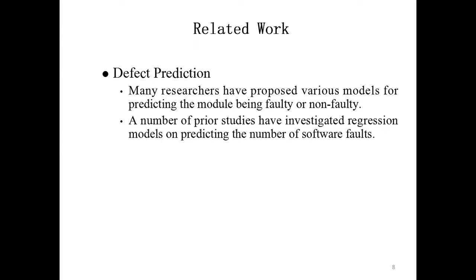These methods use software metrics to predict whether a module is defect-prone or not. A number of prior studies have investigated regression models for predicting the number of software faults. However, the prediction performance of these models gets worse when the defect datasets contain irrelevant and redundant features.